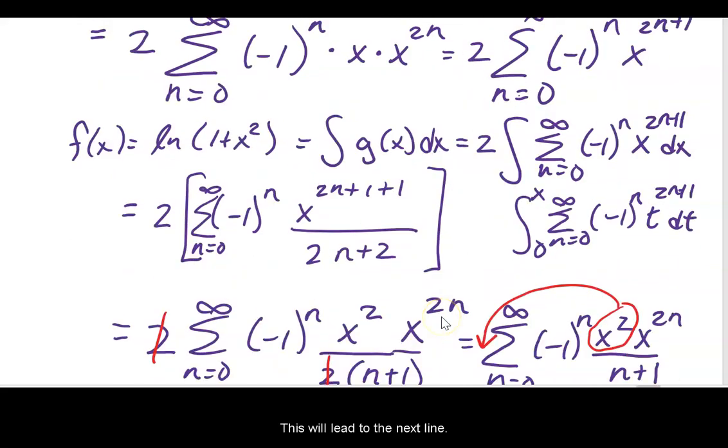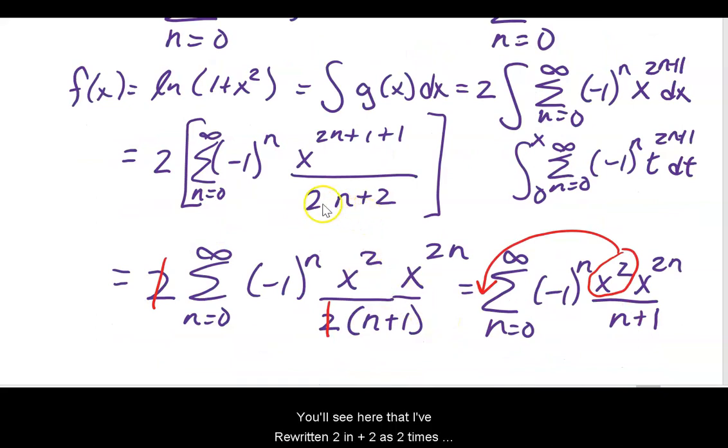This will lead to the next line. You'll see here that I've rewritten 2n plus 2 as 2 times the quantity n plus 1. That gives me a common factor of 2 in the denominator to cancel with the 2 on the outside. You'll also see in the numerator, I split the x to the 2n plus 2 into x squared times x to the 2n.